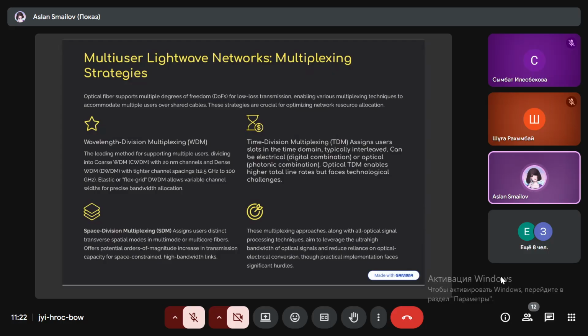And the third one is TDM, or time division multiplexing. It assigns user slots in the time domain, typically interleaved. It can be electrical or optical. Optical TDM enables higher total line rates but faces technological challenges.